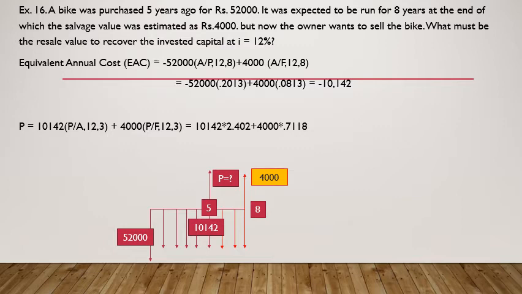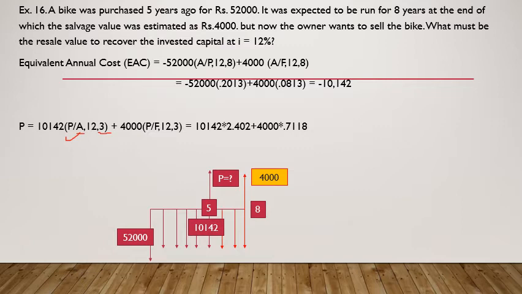I have converted that A of n equal to 3 years to P at t equal to 5. The first flow starts from the 6th year, 6, 7, 8, and hence its P will be calculated at t equal to 5. Plus this is the unrecovered capital.